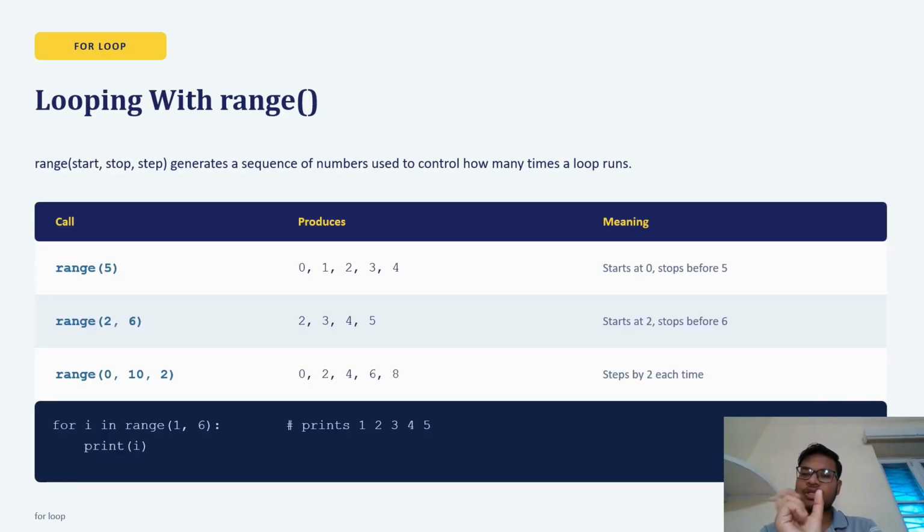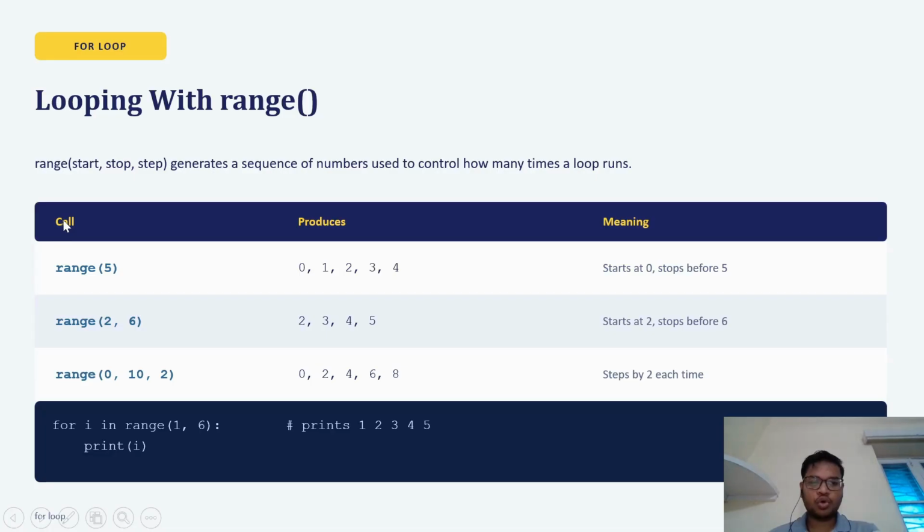But if you want to skip some between iterations, like just print 0, 2 and 4, what do you have to do? At that point you have to do a stepping. Okay. So range generates a sequence of numbers used to control how many times a loop runs.